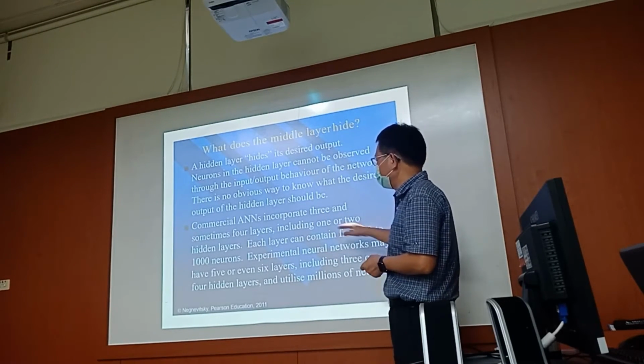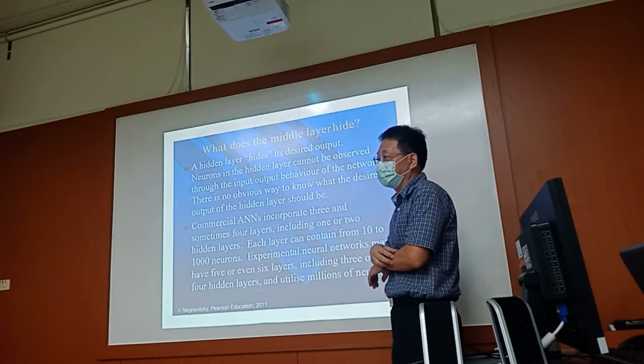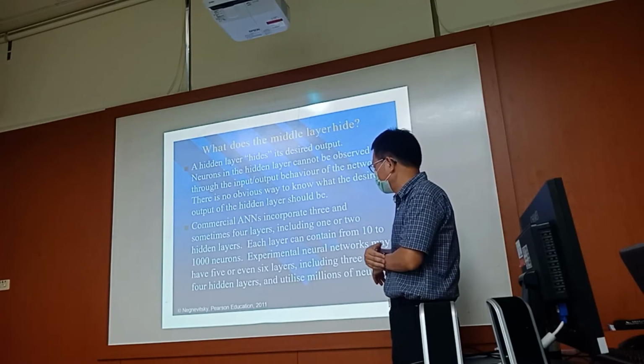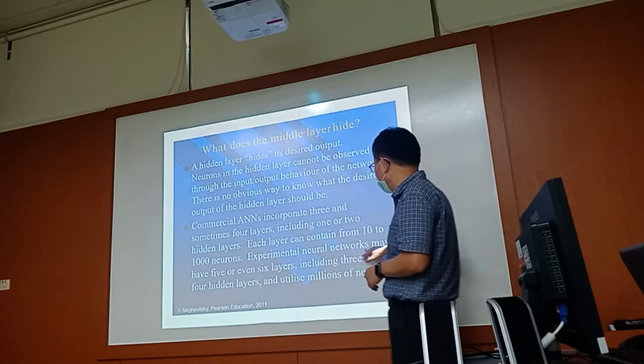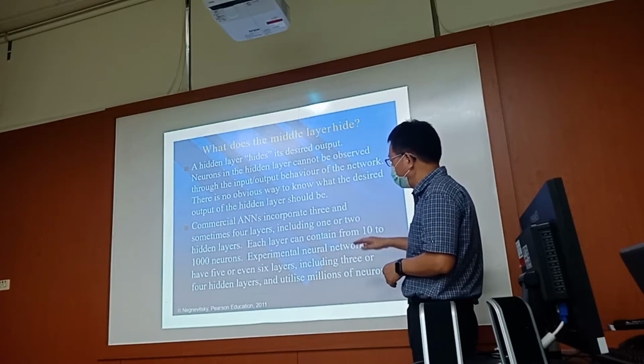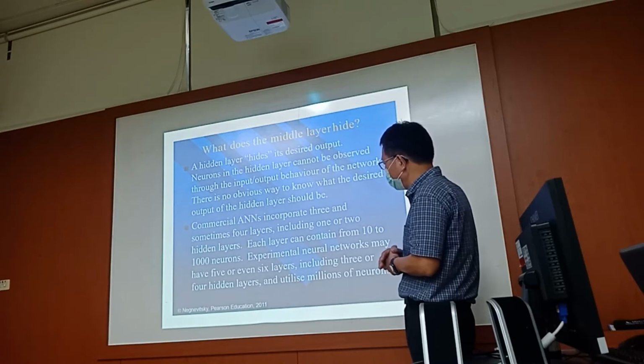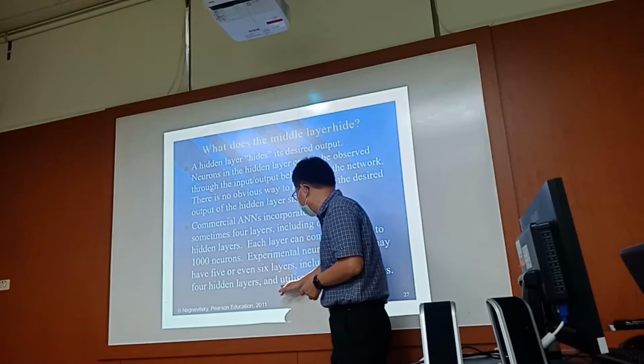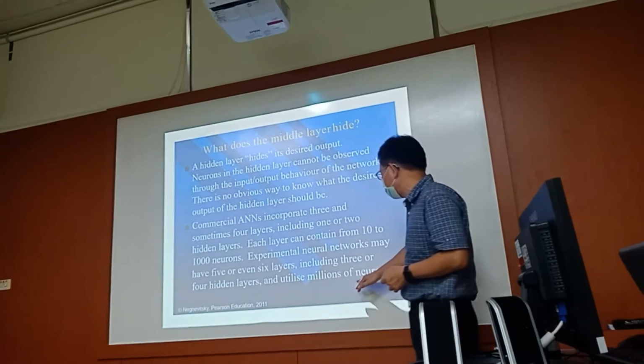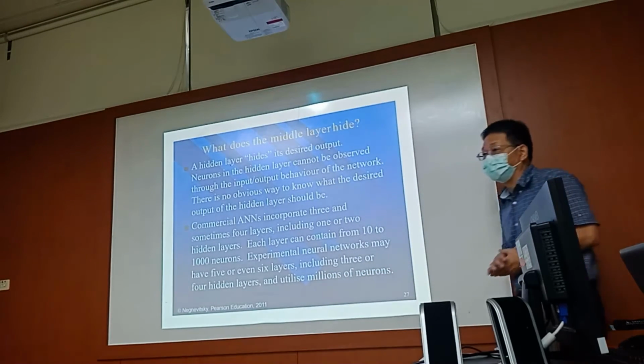But now controlling the neurons by program is easy. Experimental neural networks may have 5 even 6 layers, including 3 or 4 hidden layers, utilizing millions of neurons.